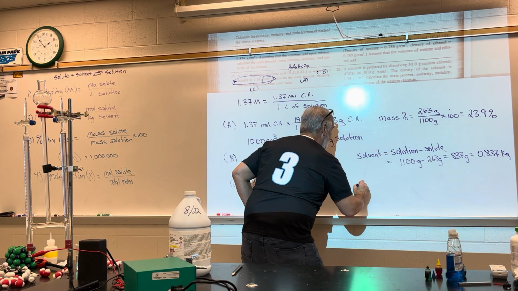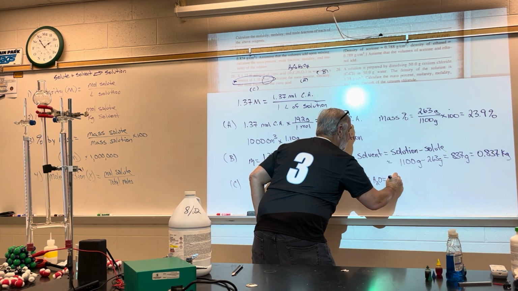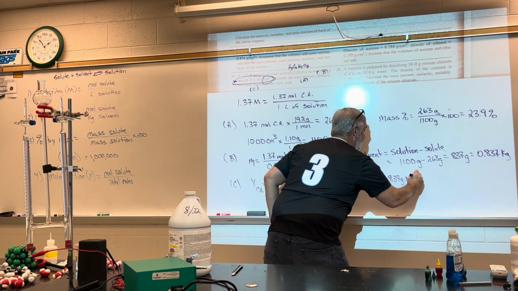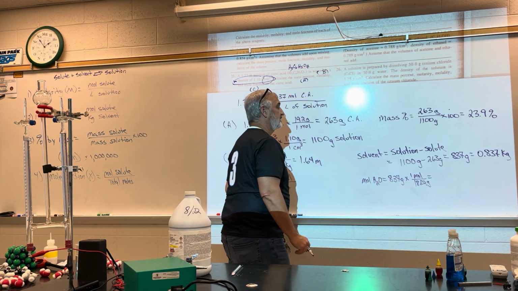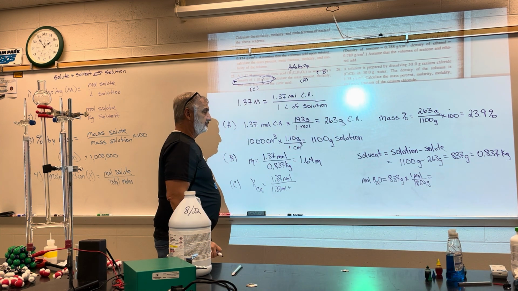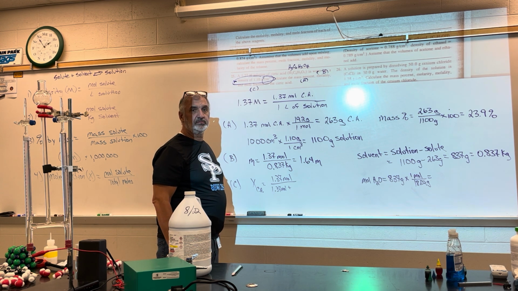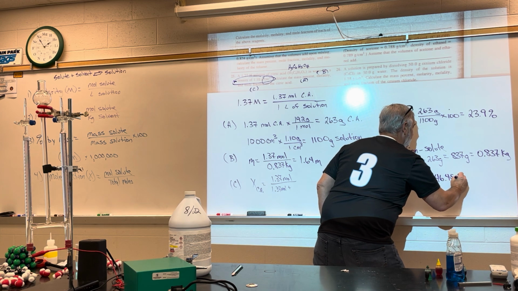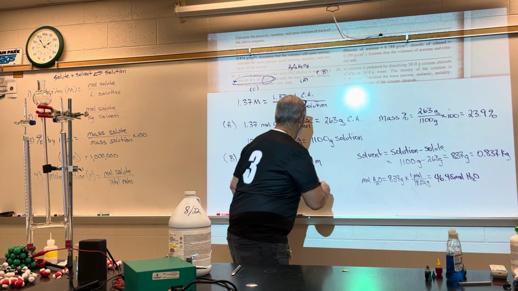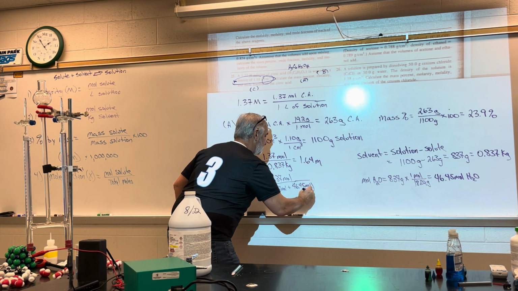So I can say the moles of water is going to equal 837 grams times 1 mole over 18.02 grams, we've all memorized that. That gives 46.45 moles of water. So you just add those two together.